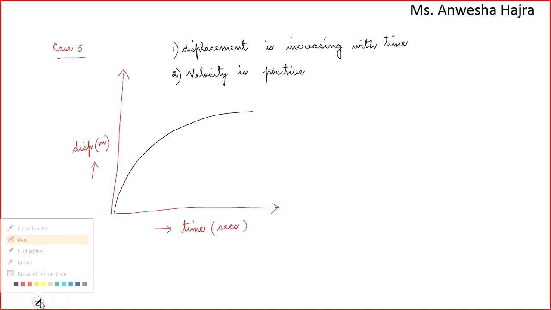Next, if we want to find the velocity at this point, we are going to draw a tangent. This angle is θ1. Perpendicular by base is my slope, which will give my velocity. If I want to find the velocity at this point, I am going to draw a tangent.